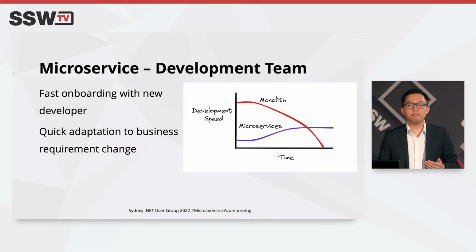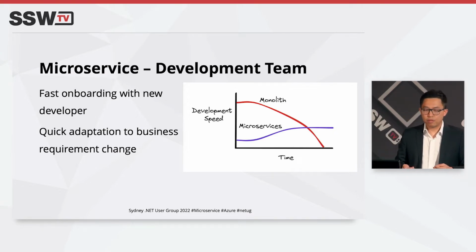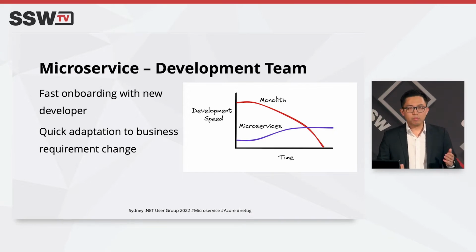However, over time, the productivity tends to drop. And at a certain point, it will not be that easy to maintain. From this chart, it's a bit extreme, but you can see that at some point it dropped to 0, which means that your monolith solution is such a big beast that it's very hard to handle.